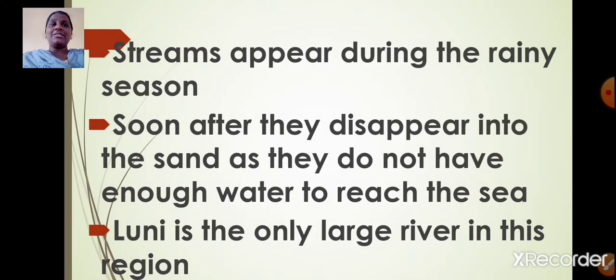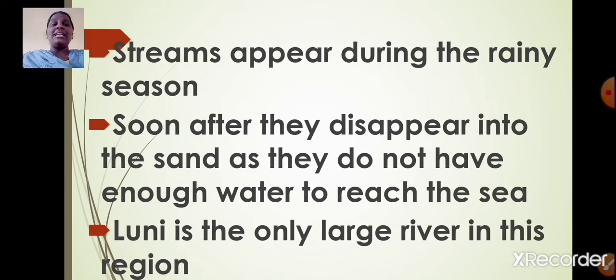Streams appear during the rainy season. Soon after they disappear. Students, why do they disappear? Because they do not have enough water to reach the sea. You need to remember this. Streams disappear into the sand as they do not have enough water to reach the sea.